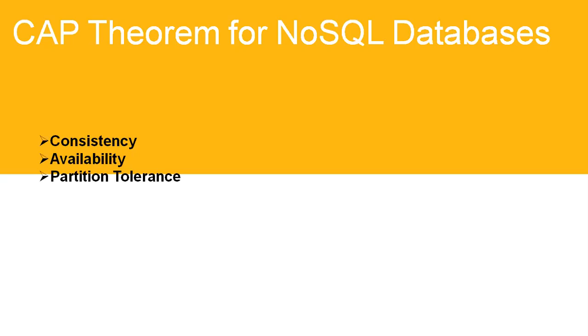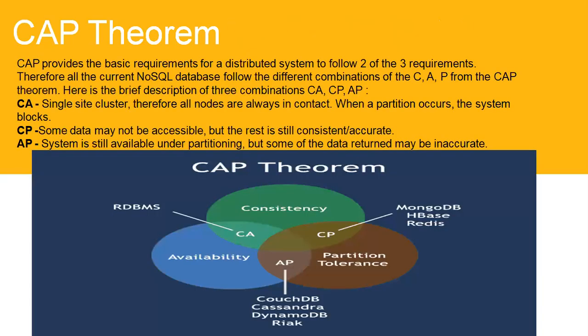Theoretically, it is impossible to fulfill all the three requirements. So CAP provides the basic requirements for a distributed system to follow two of the three. Here is a brief description of these three combinations. These three combinations are CA, CP, and AP.